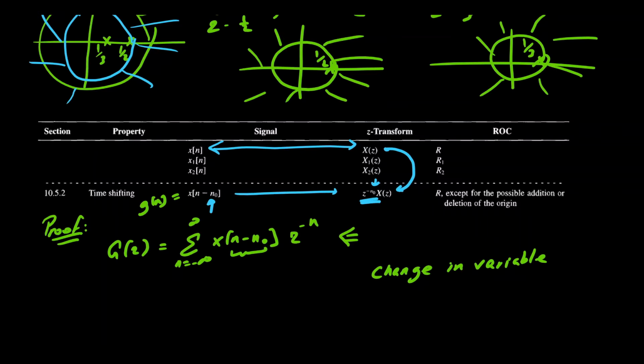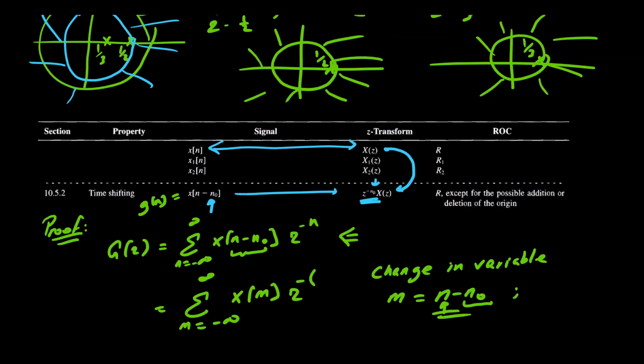Here we denote that variable by literal m, and we say m is equal to n minus n naught. So this summation would go from minus infinity to infinity, because these values are infinity, so any constant would not make any change. So this would be x of m and z to the minus.